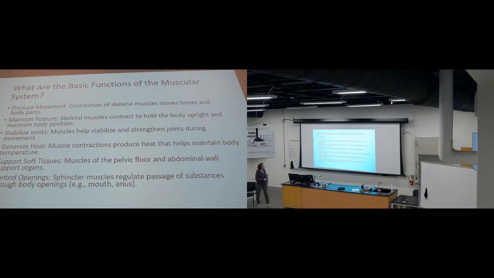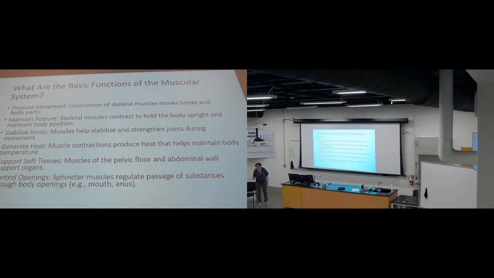So, basic functions of the muscular system: production of movement. How? By contraction, which is the sliding of the proteins that make up the muscles over each other to shorten the distance between them. Also, skeletal muscles help us to maintain posture, for instance, when you're standing, and stabilize the joints.